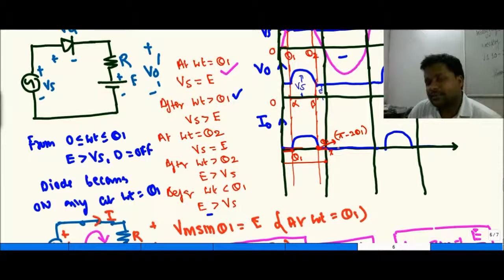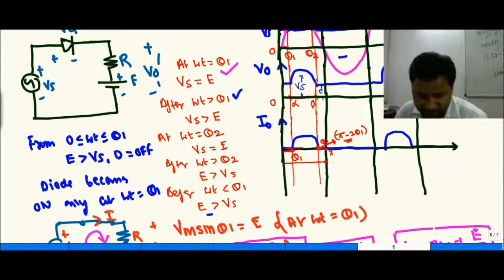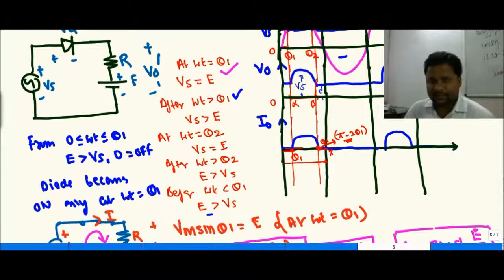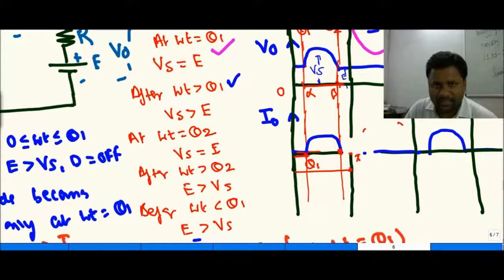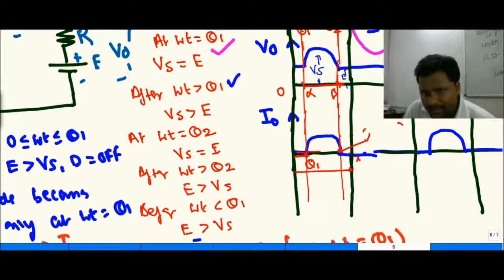It should be pi minus 2 theta 1. So something is there that I am mistaken. It is okay. This is not like this. I say sorry for this. This is not this distance. It should be something different. I'm so sorry for this. This should be pi minus theta 1, and this distance is basically pi minus 2 theta.